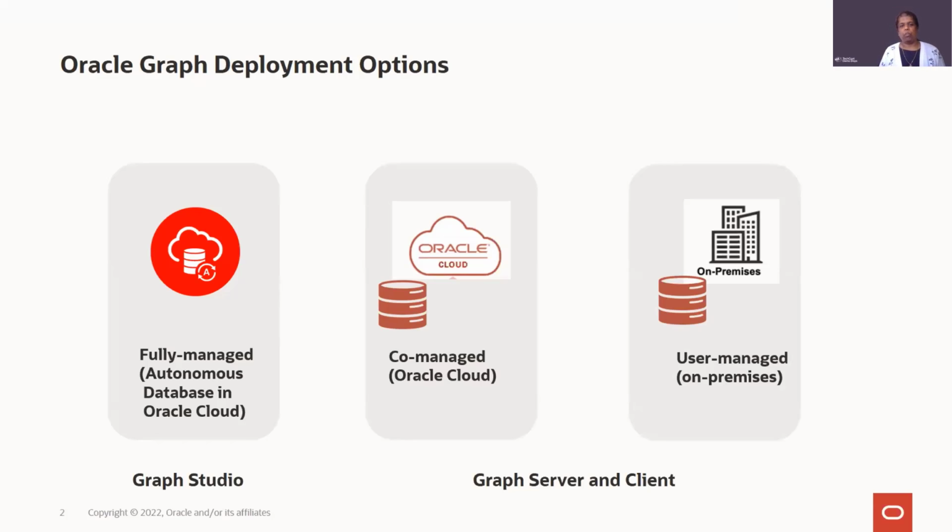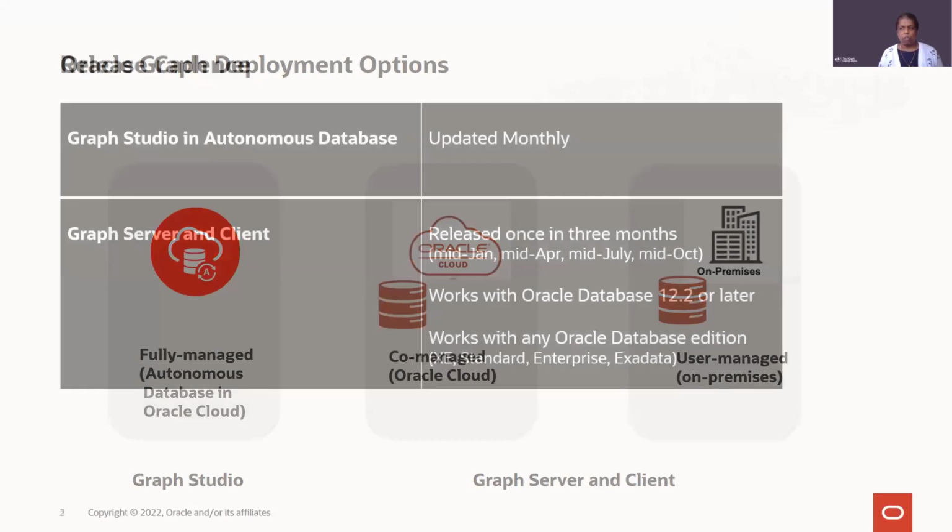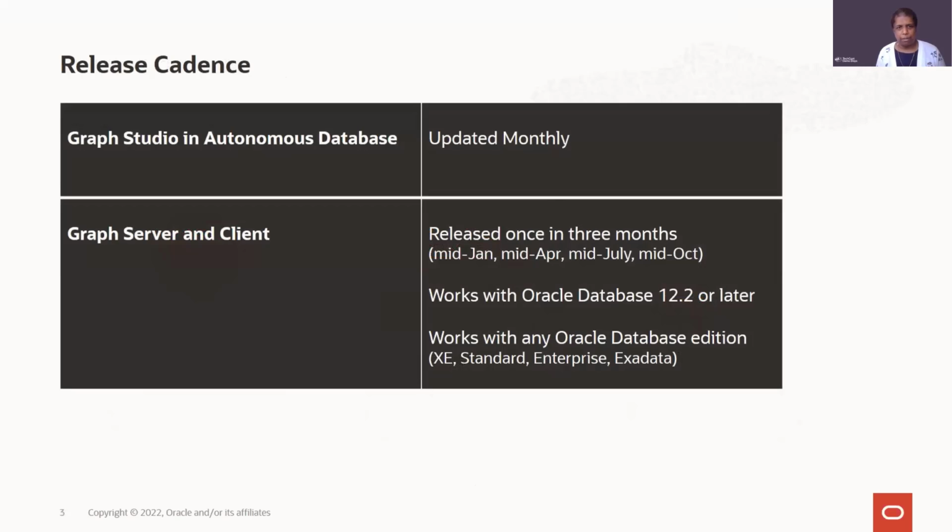So you have three options for deploying any of the Oracle Graph features, and they all have a bit different release cycles. So Graph Studio is updated monthly, like many of our other managed cloud offerings. And Graph Server and Client is released about once every 3 months.